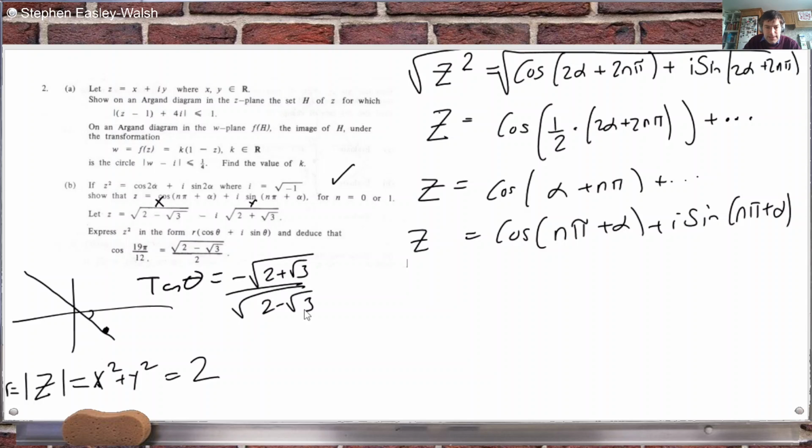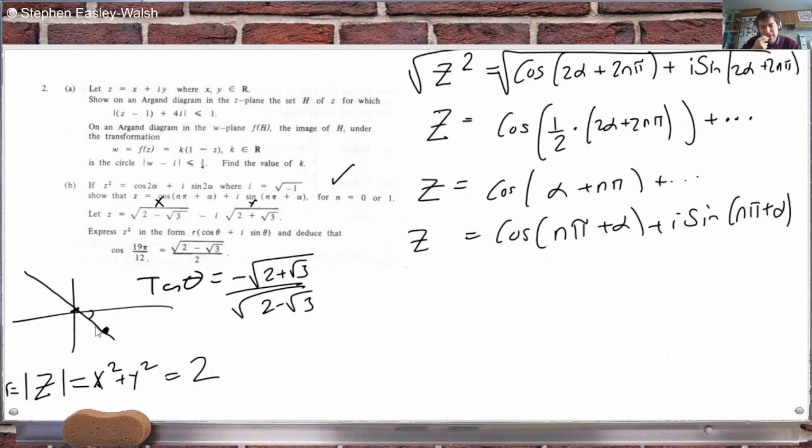75 degrees. Oh, but that would not be right, because that's strange. That's quite strange.